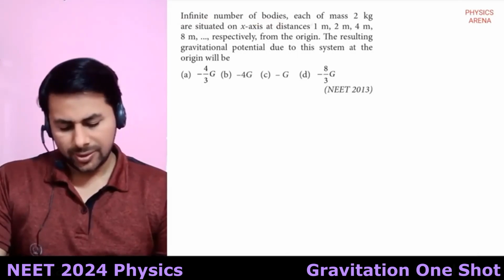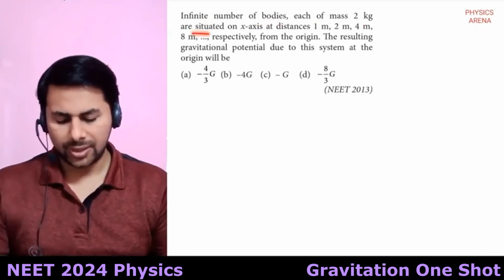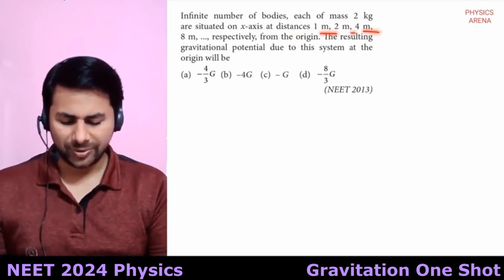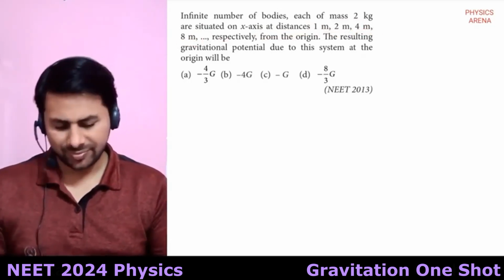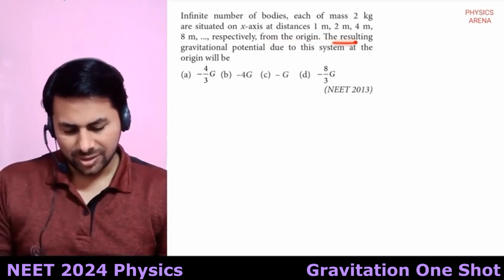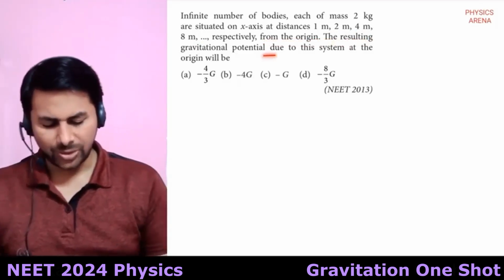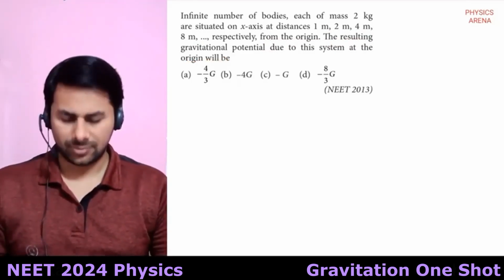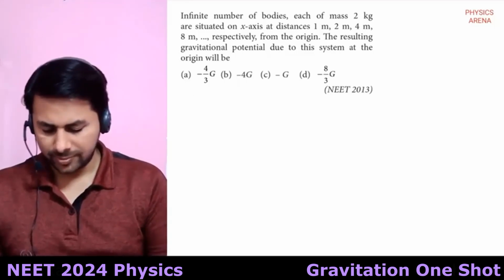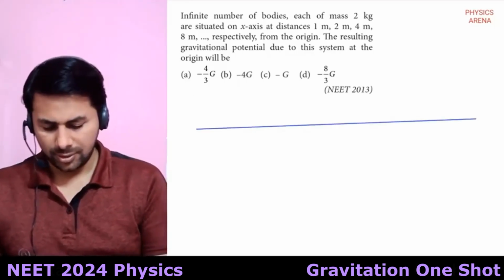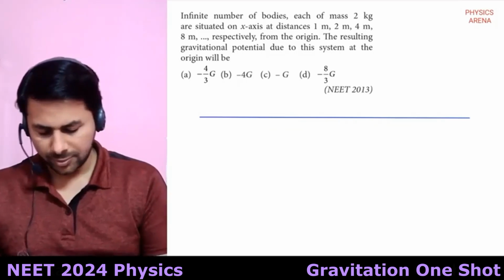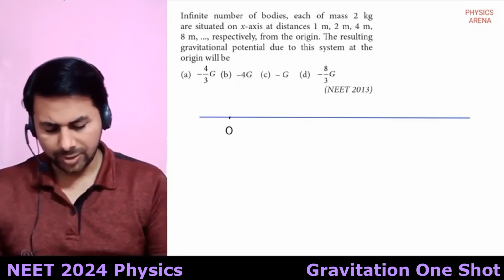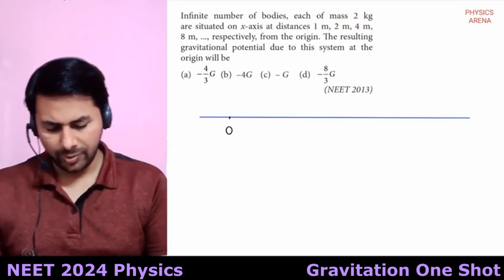Infinite number of bodies, each of mass 2 kg, are situated on x-axis at distances 1 meter, 2 meter, 4 meter, 8 meter respectively from the origin. The resulting gravitational potential due to this system at origin will be. Okay. Let's draw this. Suppose this is the origin, and there are various bodies of mass 2 kg.